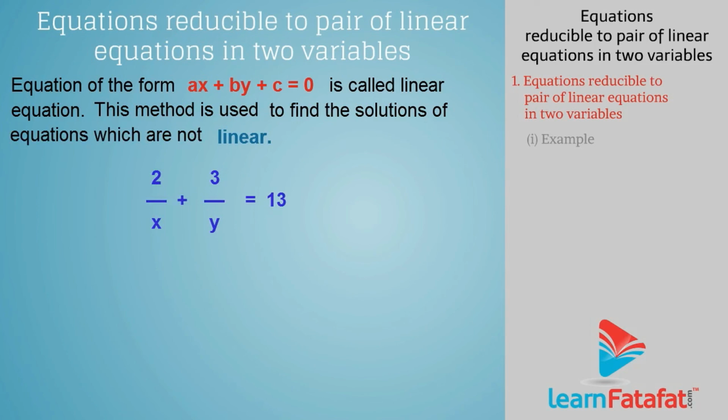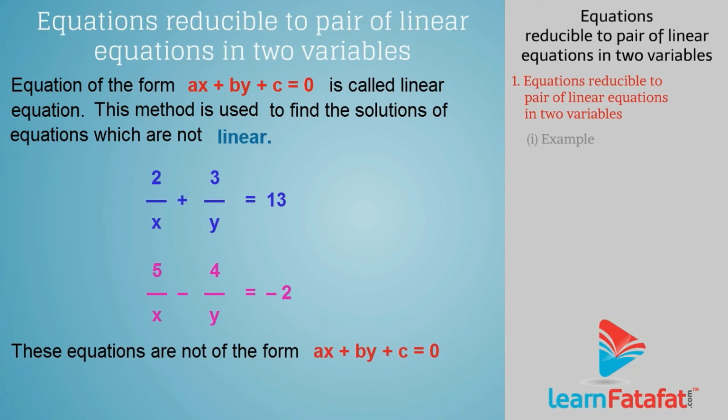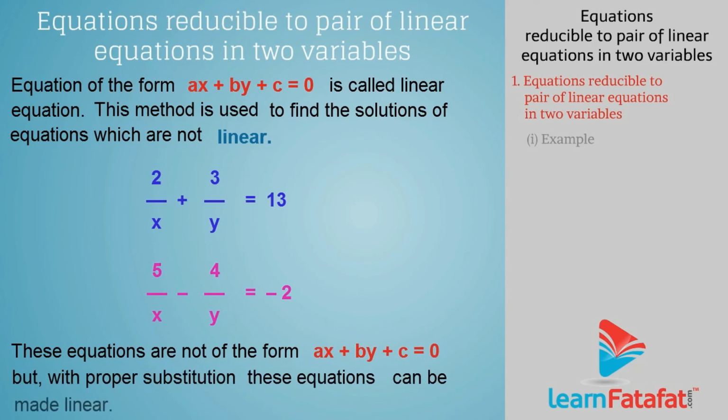Examples are 2 by x plus 3 by y is equal to 13, and 5 by x minus 4 by y is equal to minus 2. These equations are not of the form ax plus by plus c is equal to 0. But with proper substitution, these equations can be made linear.